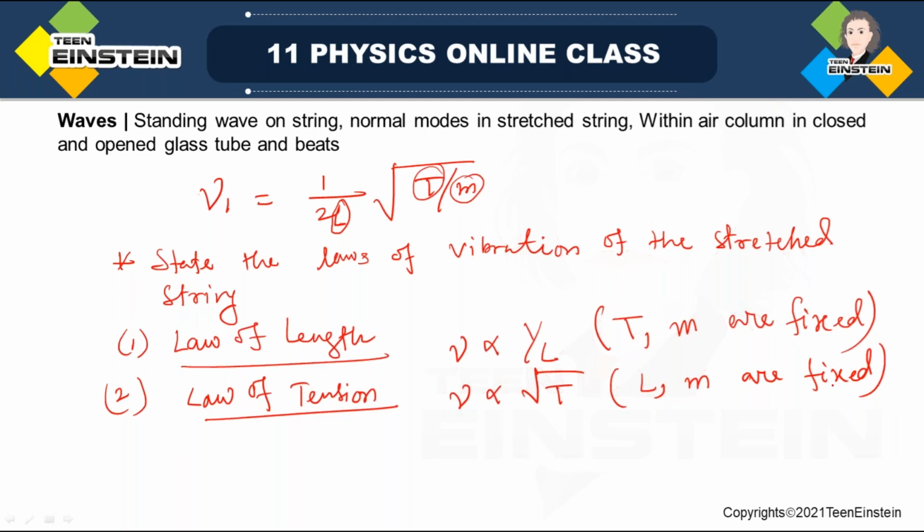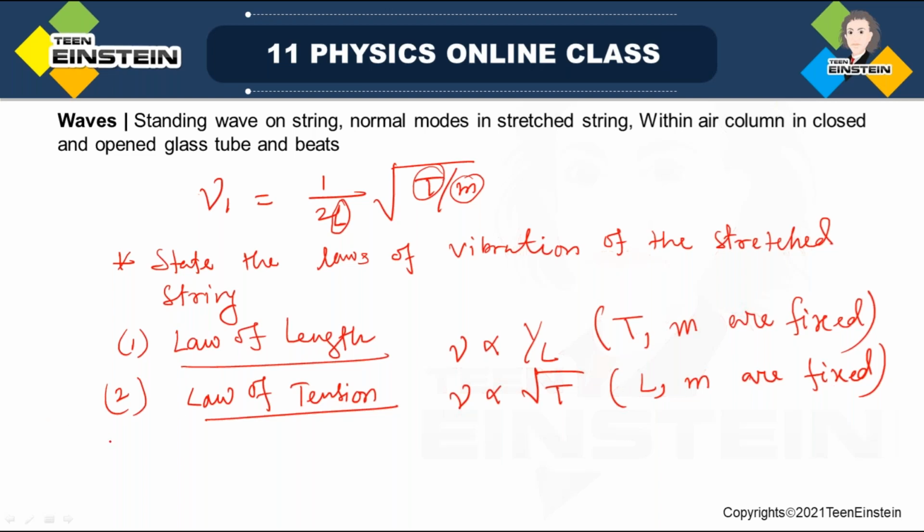The fundamental frequency of a vibrating string is proportional to the square root of its tension if its length and the mass per unit length remain fixed.